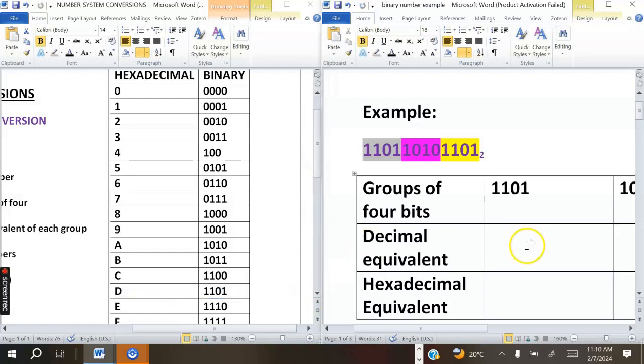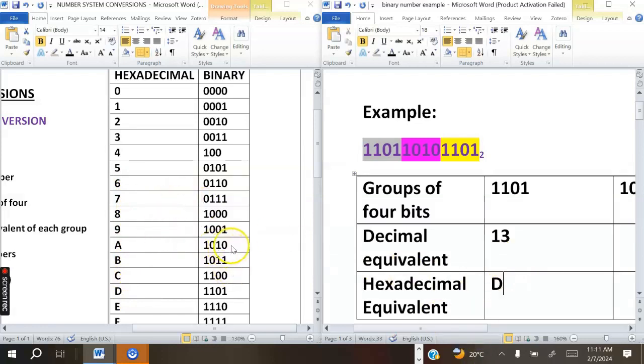This is 13 for the decimal equivalent, but for the hexadecimal, this one is equivalent to D. Maybe you can count: 1, 2, 3, 4, 5, 6, 7, 8, 9, 10, 11, 12, then 13. So it's supposed to give us the letter D.